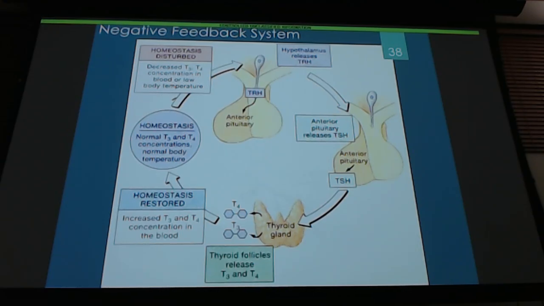The pituitary gland says, got it. It releases its hormone, TSH, into the bloodstream and goes to the target organ, the thyroid gland, right? And the thyroid gland is doing what it's told. So TSH gets to the thyroid gland and says, hey, we need more thyroid hormone. Those follicular cells start working and do what? Produce more T4 and T3. And then homeostasis is restored. Voila. Okay, so that's your negative feedback review.